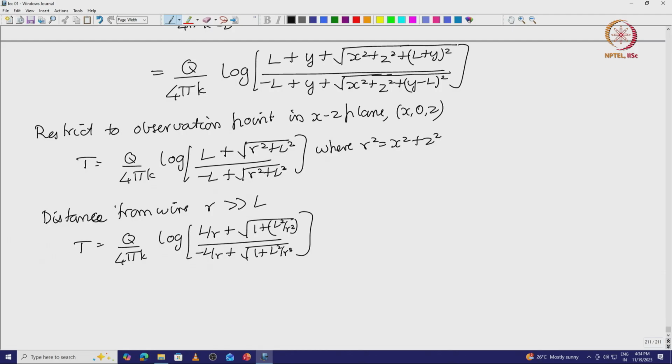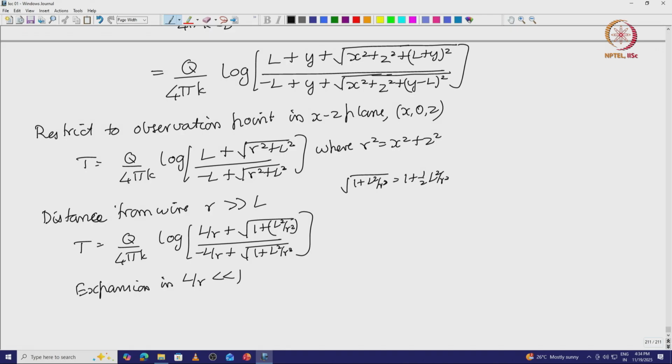And in this case, if you do an expansion in L by r much smaller than 1, then root of 1 plus L square by r square will be equal to 1 plus half L square by r square. So, I will get (1 plus L by r) by (1 minus L by r).